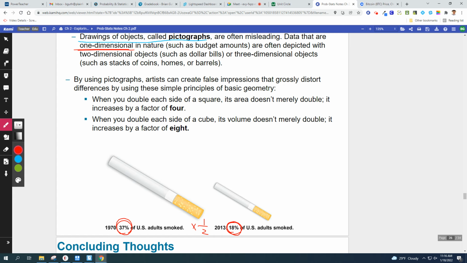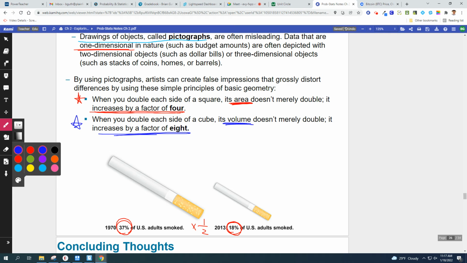What it says here is, when you double each side of a square, its area doesn't merely double, it increases by a factor of 4. Similarly, when we talk about volume, it increases by a factor of 8.